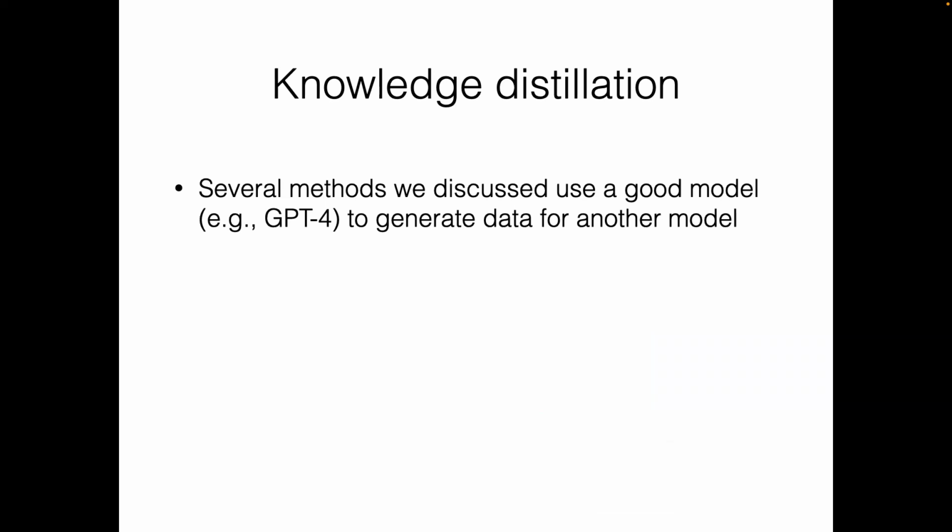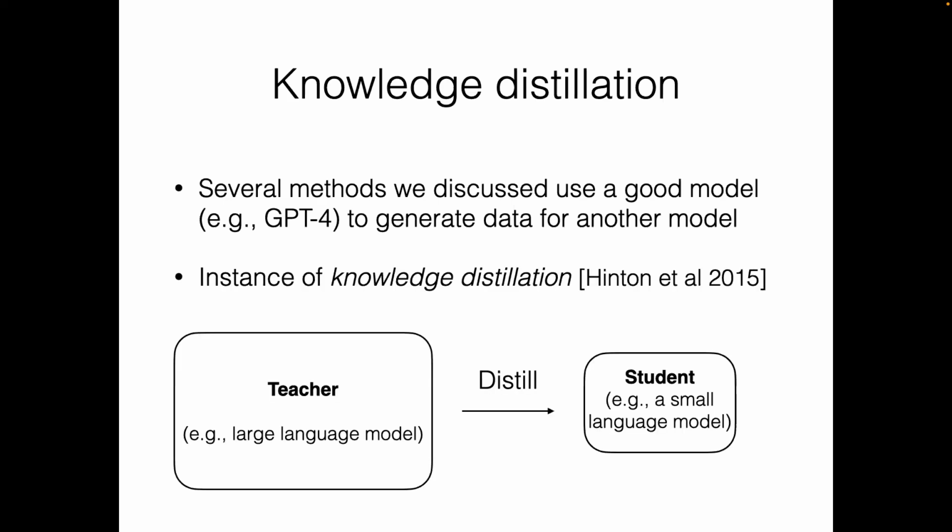You can view this as a technique called knowledge distillation, where you use some knowledge from one model and try to transfer it to another model. Here we're going to have what's called the teacher model, and we're going to distill to the student model, which might be a smaller one.